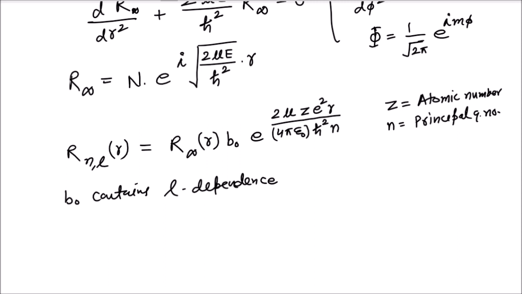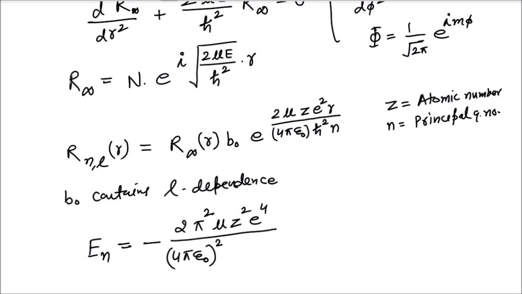So from the radial part, the energy of the nth level comes out to be minus 2 pi square mu into Z square e raised to the power 4 divided by (4 pi epsilon naught) raised to the power 2 into n square into h square. Sorry, h square only. So this is the value at the end.